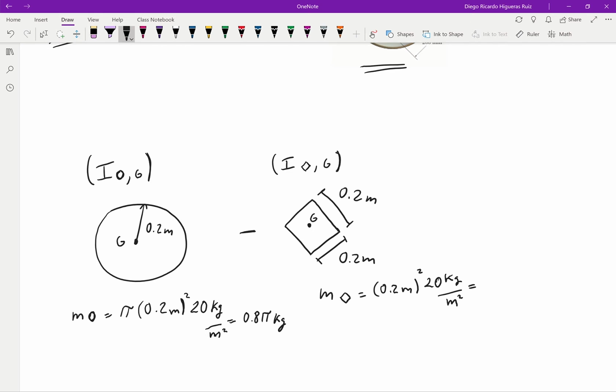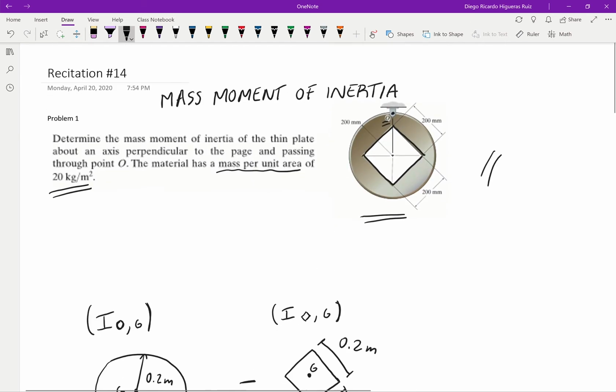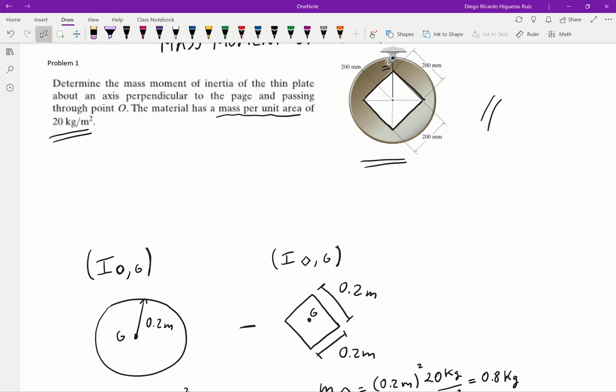That's gonna be equal to 0.8 kilograms. Right, so we get those two masses, and those are gonna be pretty important for us to solve the problem.